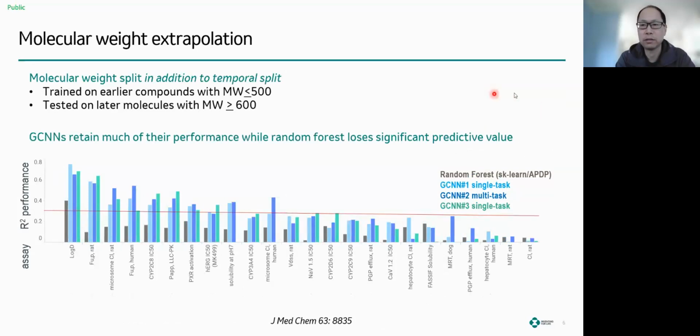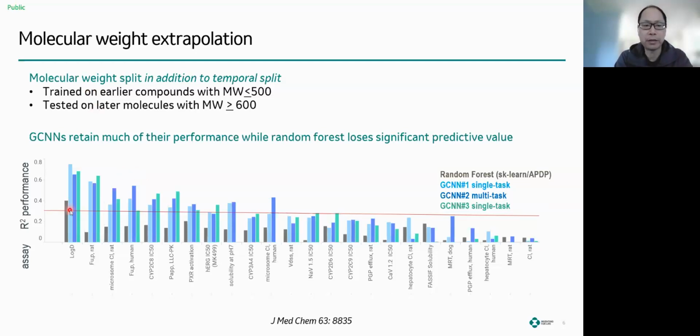Where it was quite exciting to me was when we did this molecular weight extrapolation test. So the previous one was a temporal split. This is where we do a temporal split, but we only train on smaller compounds and only test on bigger compounds.